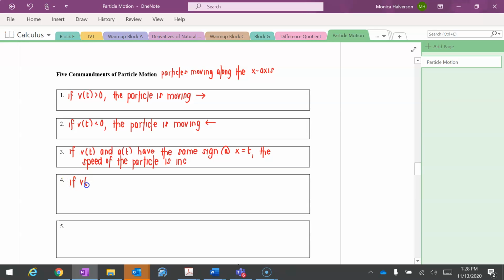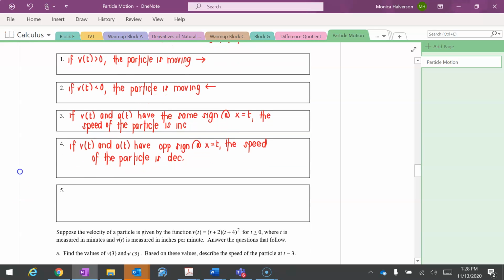If the velocity and acceleration have opposite signs at x equals t, the speed of the particle is decreasing. Okay?